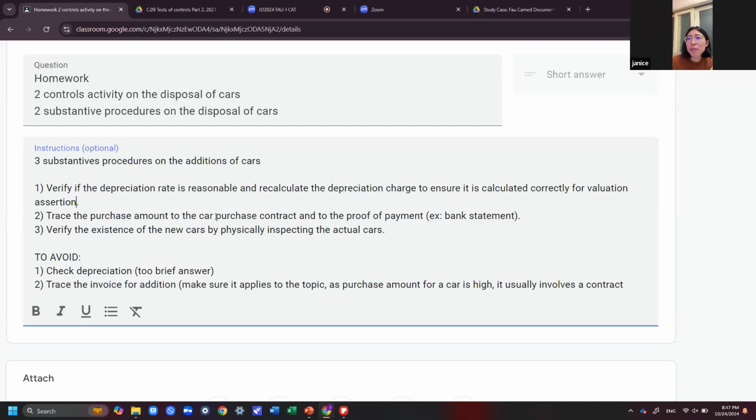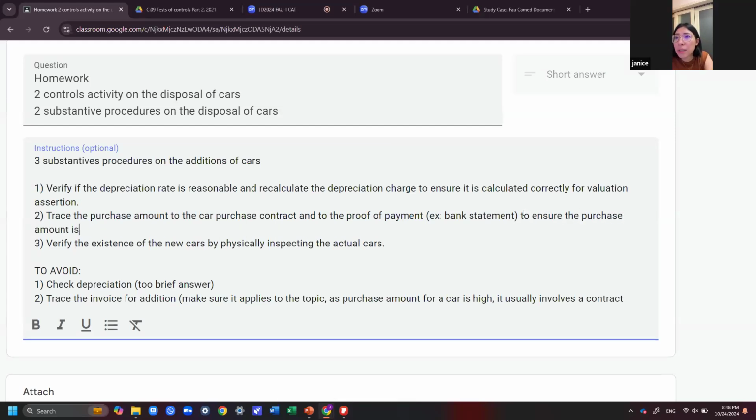So trace the purchase amount to the car purchase contract and to the proof of payment, for example the bank statement, to ensure the purchase amount is recorded correctly in the fixed asset register for valuation. And for proof of payment, we check that we paid it, also for occurrence. All right.